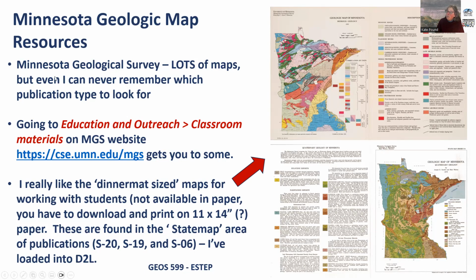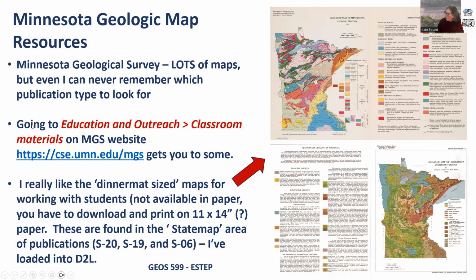So as you will have noticed, we're going to the Minnesota Geological Survey here. They are the Minnesota entity that produces geologic maps, and they have tons and tons of maps. But finding the maps you want, I still find a bit unwieldy. I'm never quite sure where to go.